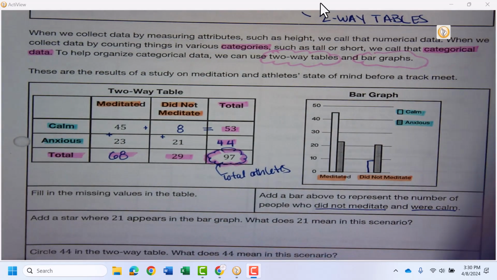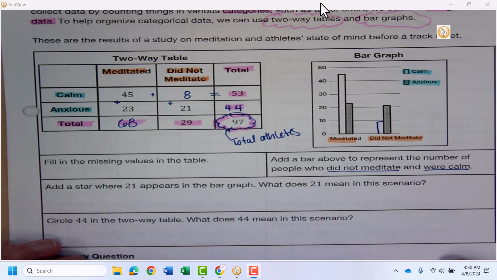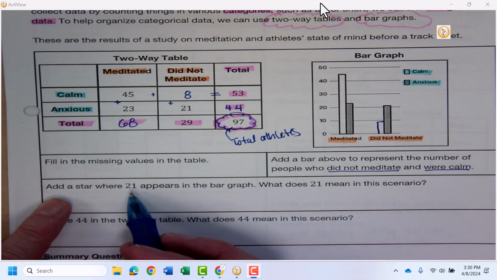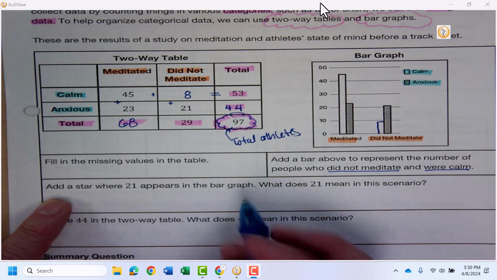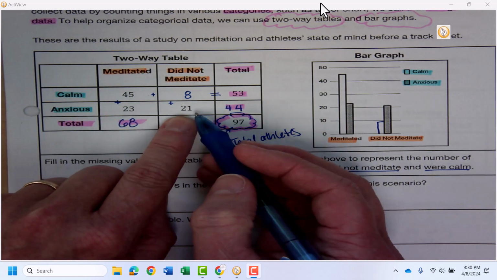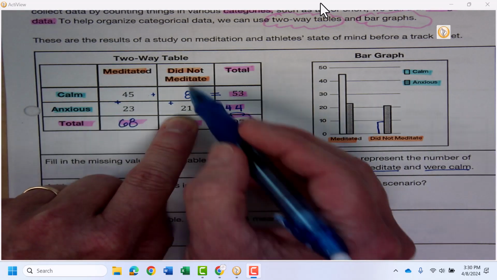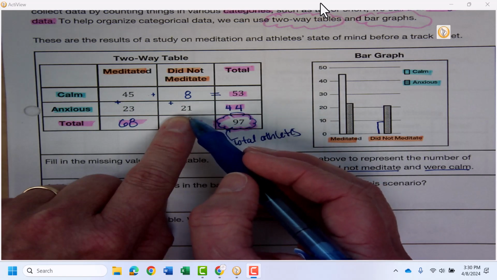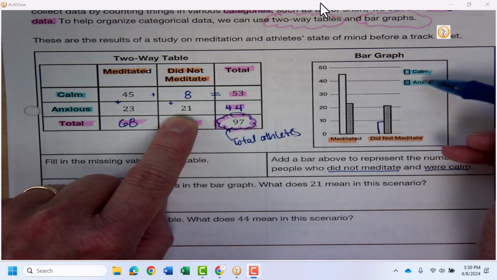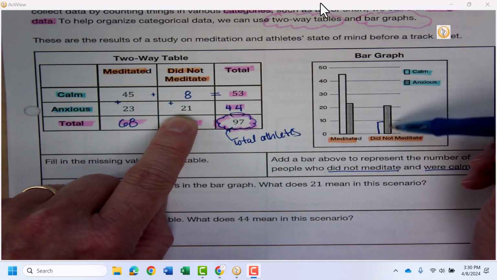Let's analyze this data a little bit more. We're asked to add a star where 21 appears in the bar graph. Well, I can see where 21 appears on the table. They were the anxious athletes that did not meditate. Let's find that on the bar graph. The anxious ones, that's a shaded bar, that did not meditate. So it must be this bar right here.